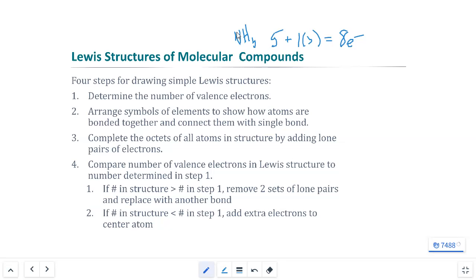From there, we need to arrange the elements to show how they are bonded together. How do we do that? We need to determine the center atom.